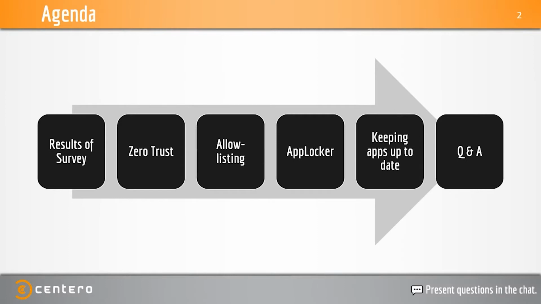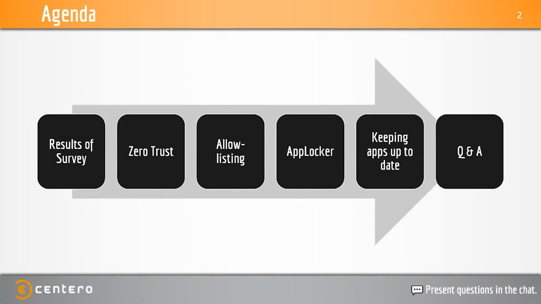Very nice. So before we let Sami go, I will shortly go through the agenda for this webinar and also go through some survey results here. Then after the survey results, we will let Sami continue and tell you everything about Zero Trust and how to protect applications using allow listing, AppLocker, and so on.